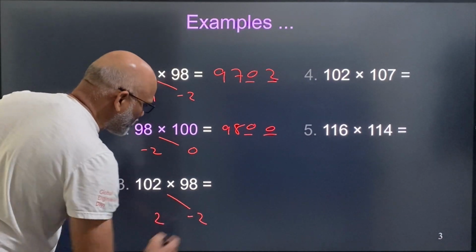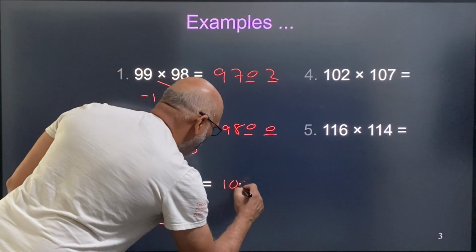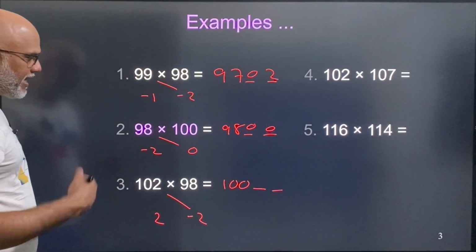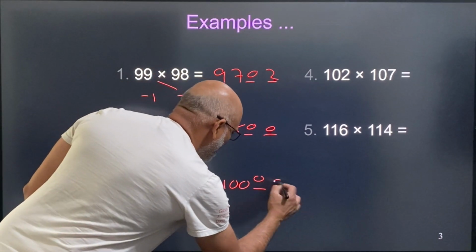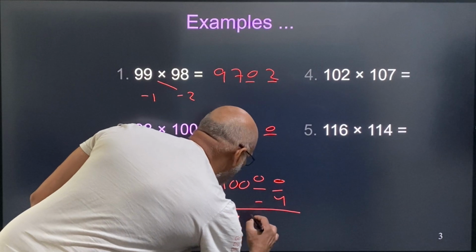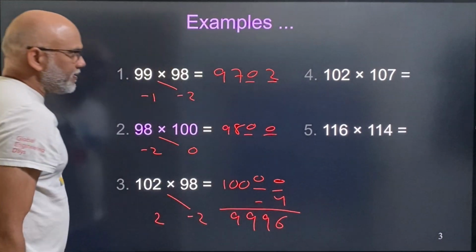If I combine these two, 102 minus 2 is going to be 100, and then two spots here. 2 times negative 2 is negative 4. So these are 00, then minus 4. So this gives me 96.